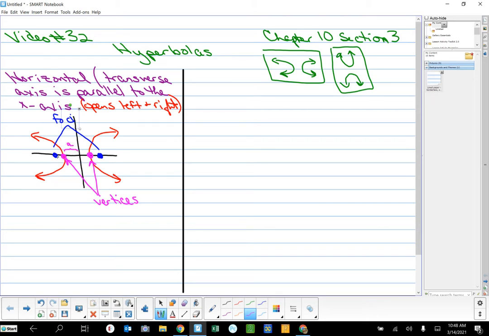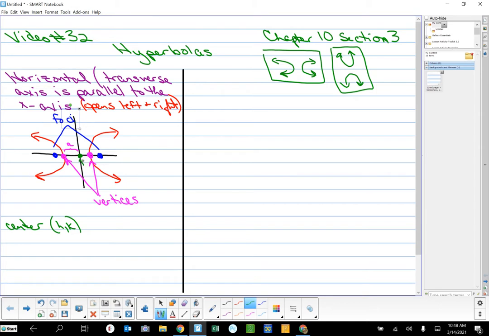These are a units away from the center of the graph, right? The center of your graph in this case is at (h, k).